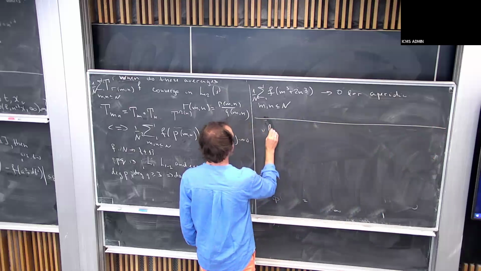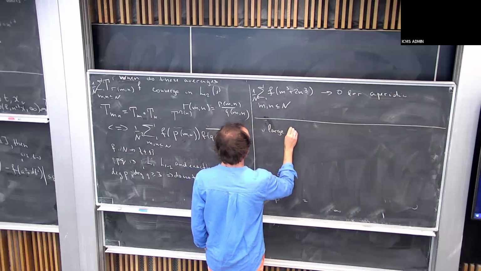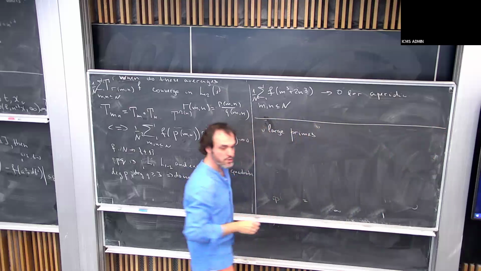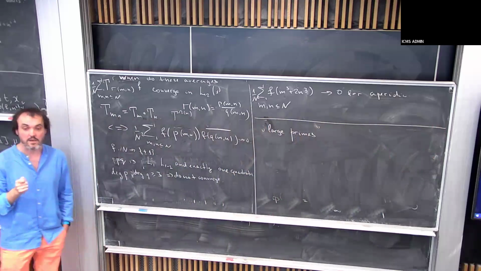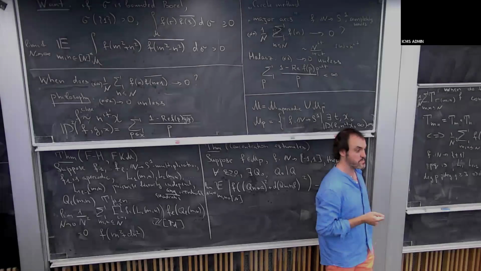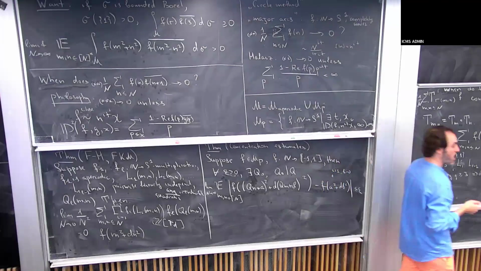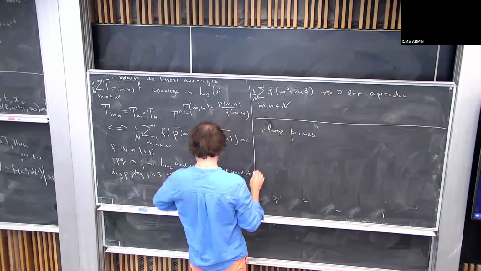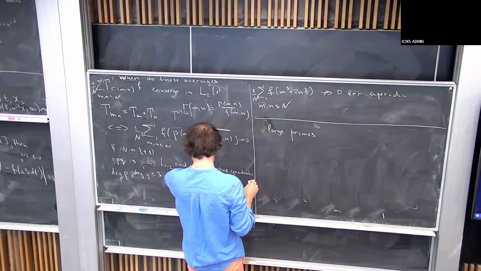This is the issue of large primes, which you are lucky with in the case of quadratic polynomials.